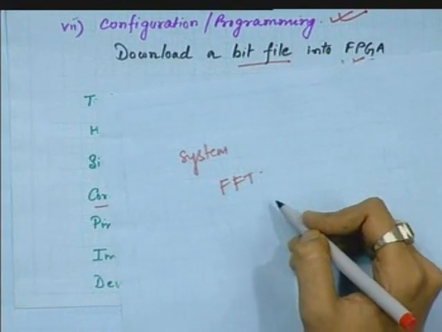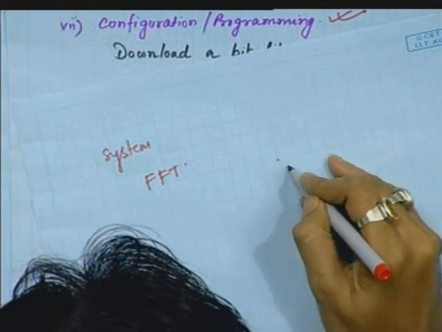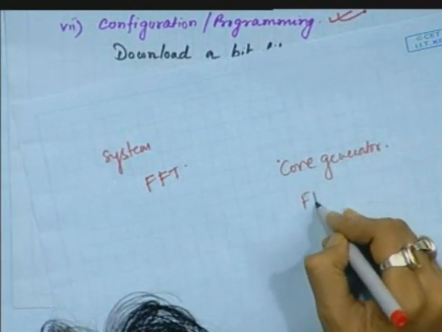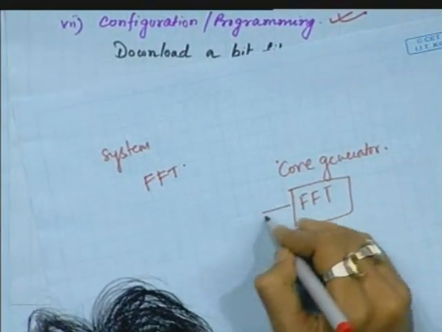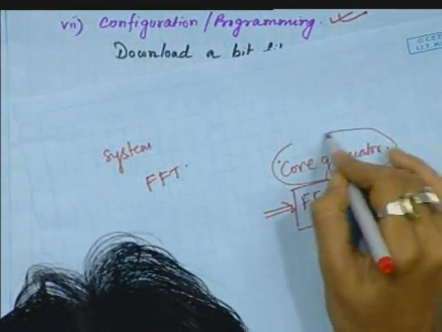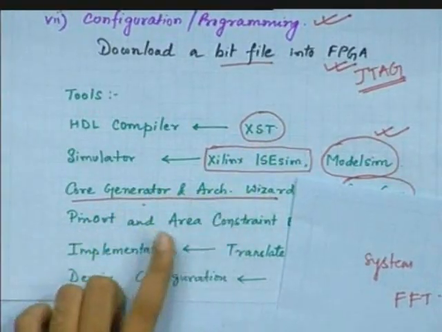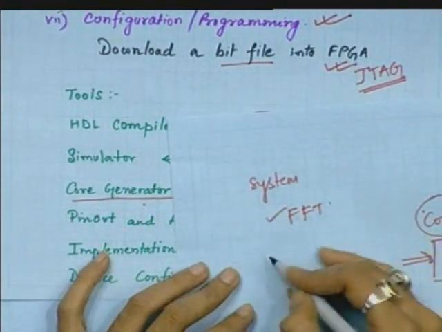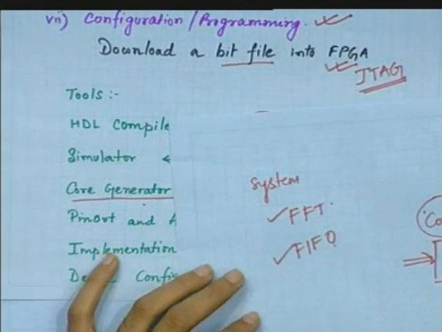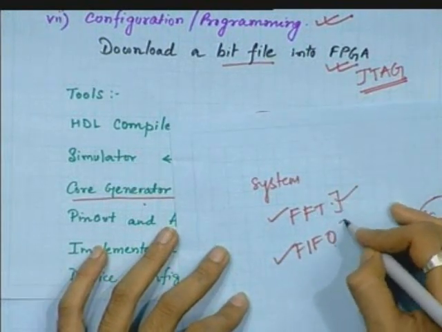You will not build an FFT yourself. The code generator generates the FFT. You provide how many points the FFT has and what the speed should be. The Xilinx ISE can use this code generator for FFT. Similarly, you can generate a FIFO. The user will not have to make an FFT or a FIFO.